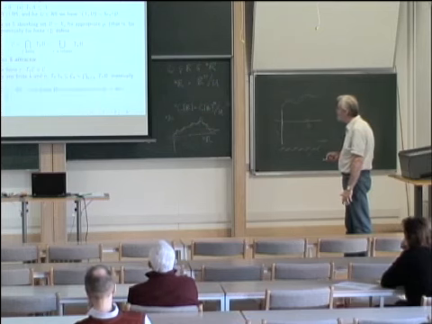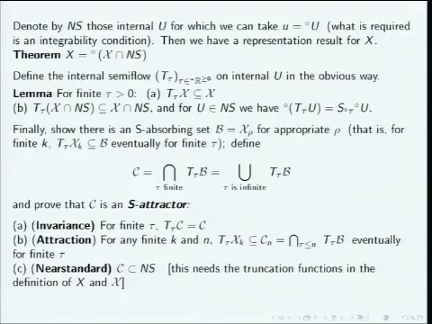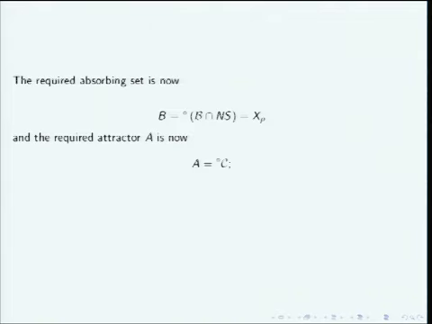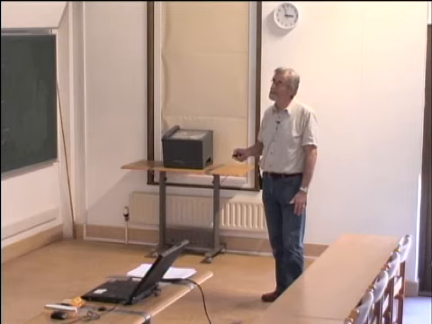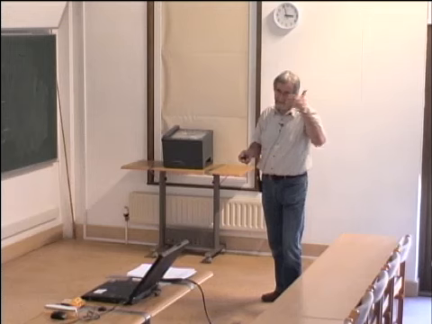And then the key thing that gets the compactness is that this non-standard set consists entirely of solutions that you can bring down to earth. And so we get our absorbing set by bringing down to earth the solutions or the processes that are in the absorbing set, and the attractor is simply the standard part of this non-standard attractor.